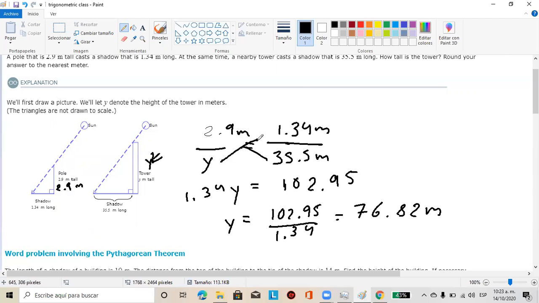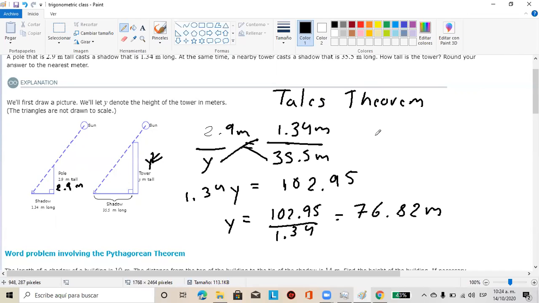Okay, so questions about it? Yeah, this is an old topic because we saw it before. If you want to look in a book for this, it is called the Thales theorem.